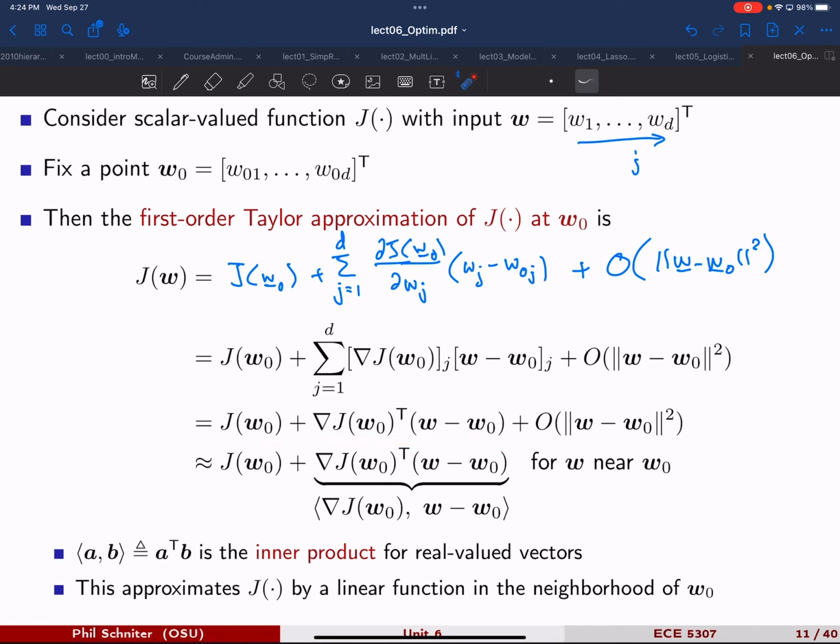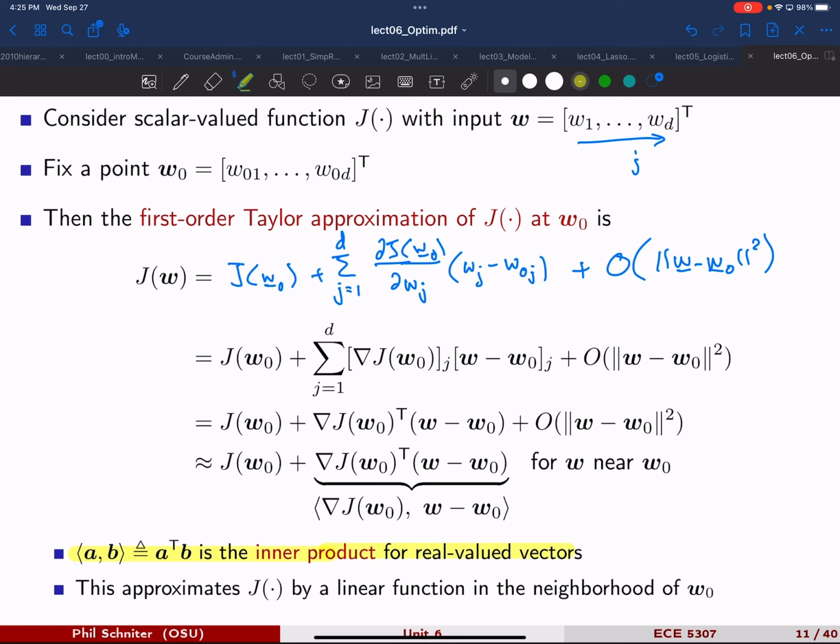And just for the purpose of interpretation, or maybe another way to write this, you may have heard of the inner product. In linear algebra, the inner product is a way of measuring the alignment, or you could say the angle, between two objects. And in linear algebra, which can be quite general, those objects can be quite general.